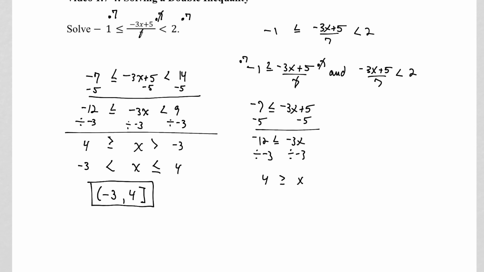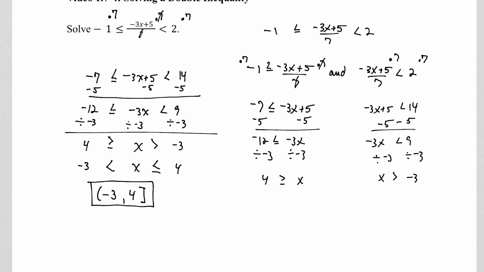And now we got to solve the other half of this, and it is the same steps. Subtract 5 on both sides. Divide both sides by negative 3. We get negative 3, flip the inequality around.